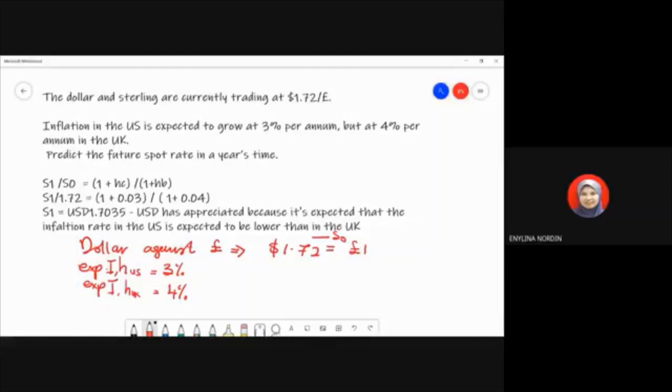It is shown here: S1 divided by S0 equals 1 plus the inflation rate of the US, divided by 1 plus the inflation rate in this case of the UK. So we just substitute.